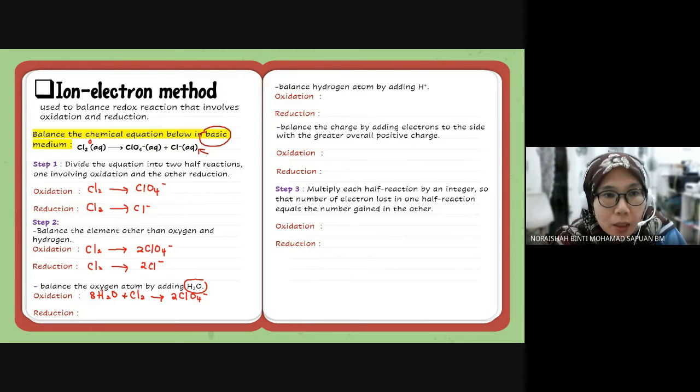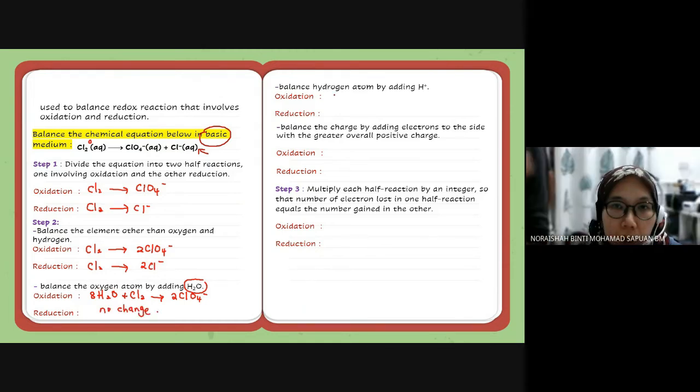Okay, and then untuk reduction tak ada oksigen, so no change. For the next step is balance hydrogen atom by adding hydrogen ion. So for oxidation reaction, kita nampak kat sini ada 16 hydrogen at the left side, so at the right side no hydrogen. So we need to add 16 hydrogen at the right side.